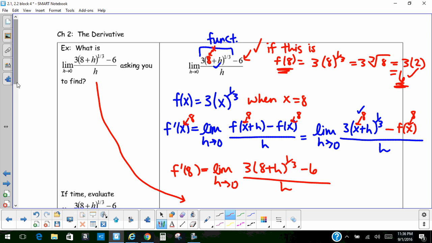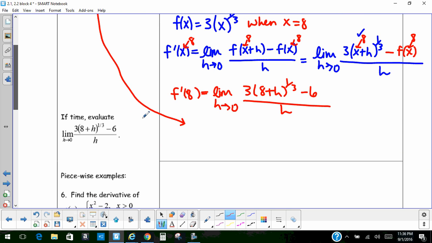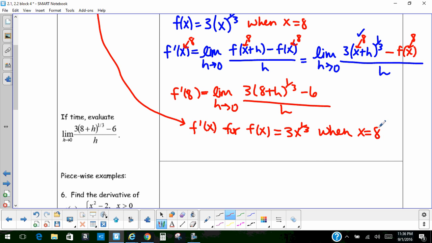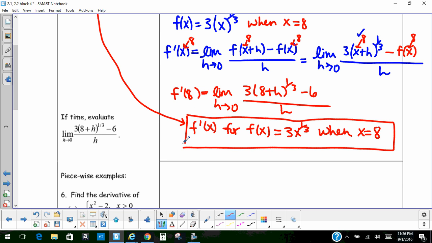It's asking you to find f prime of x for f of x equaling 3x to the 1/3 when x is equal to 8. Or it's asking you to find the slope of f of x for that function when x equals 8, just like we talked about before.